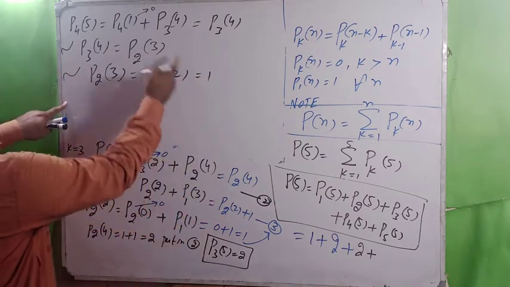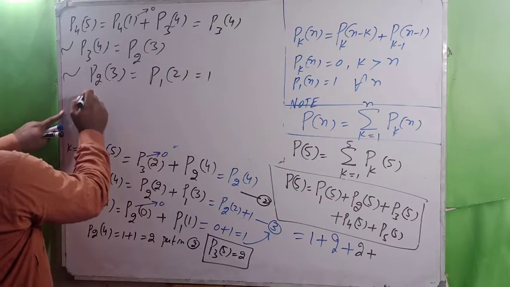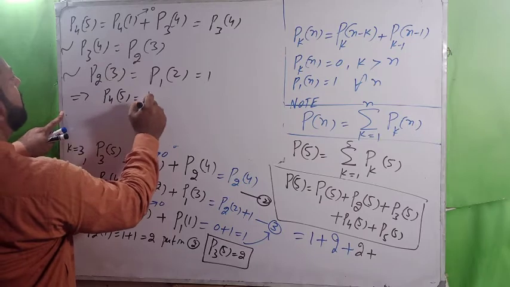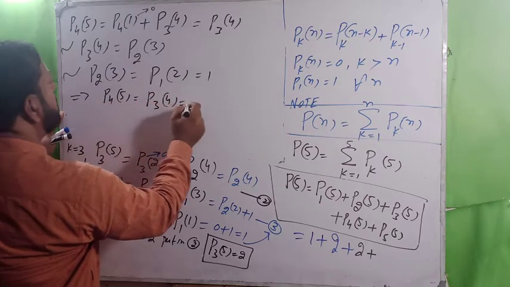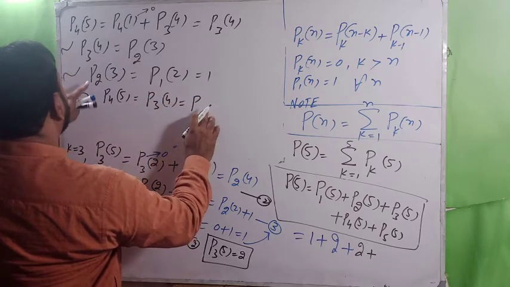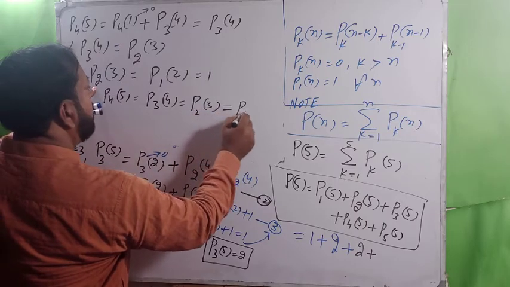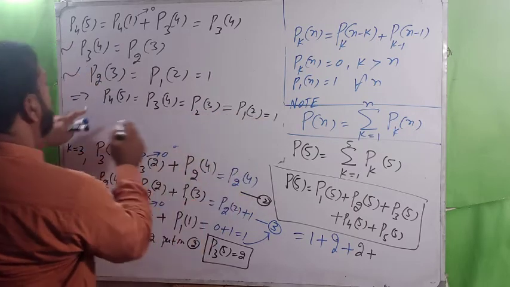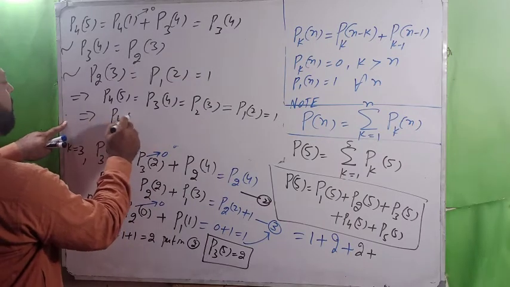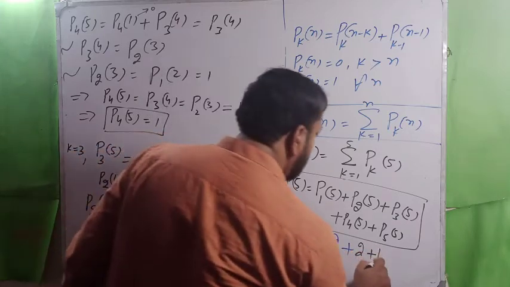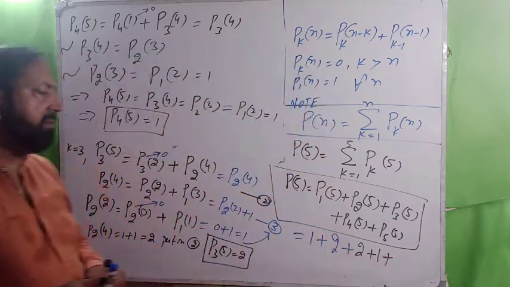This implies P(4,5) is equal to P(3,4), which is equal to P(2,3), which is equal to P(1,2), which is equal to 1. So this implies P(4,5) is equal to 1. And lastly, P(5,5).